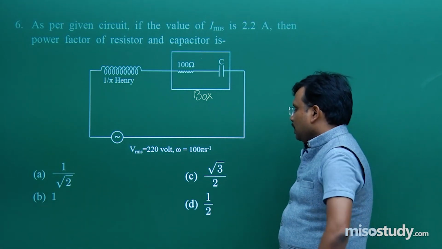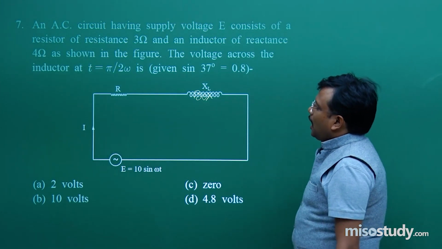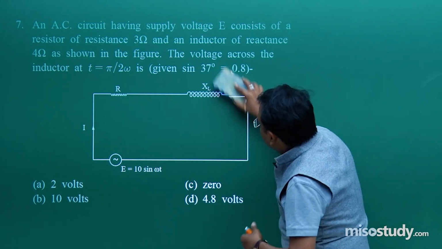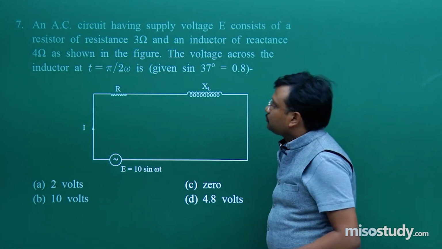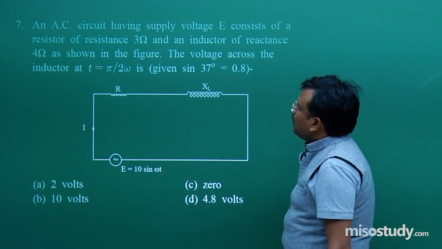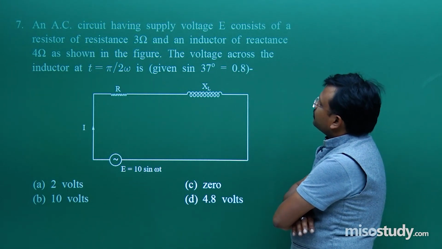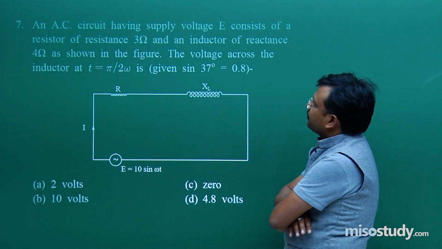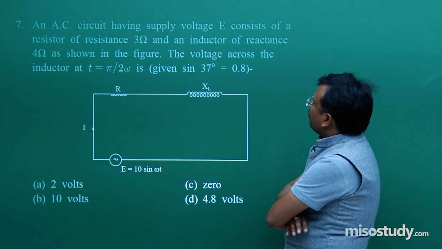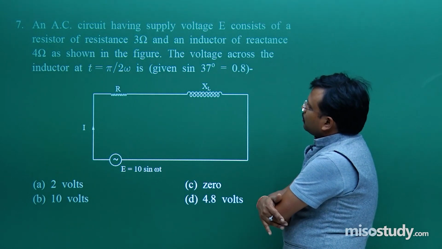So, then here comes your next question. An AC circuit, let me remove this box also. Fine. An AC circuit having supply voltage E consists of a resistor of resistance 3 ohm and an inductor of reactance 4 ohm as shown in the figure.